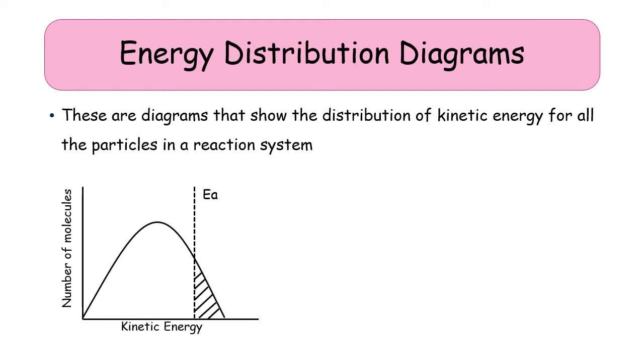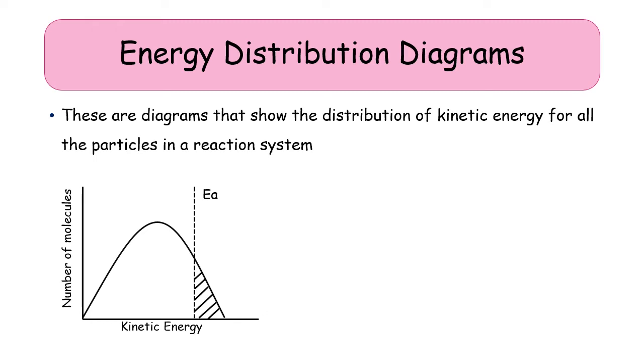That bell-shaped curve represents all the particles in your reaction. And then we have this dotted vertical line, which represents our activation energy. All the particles that are to the right of the activation energy are the particles that have enough energy to turn a collision into a reaction.